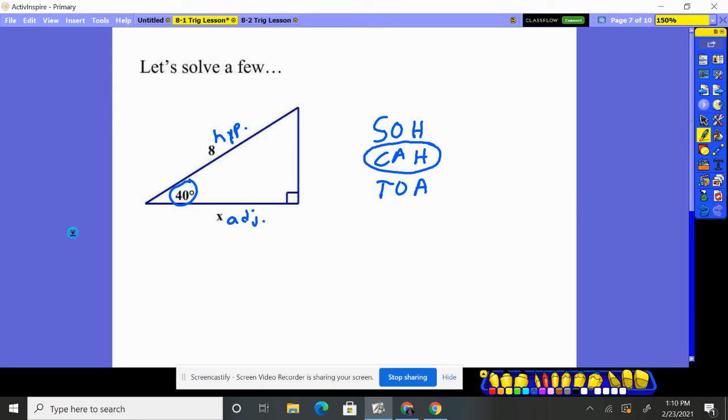H and the A is right here. So we're going to use the cosine. Now the cosine of the angle, which is 40 degrees, and I'm always going to put it over 1, that's a little different than most, equals adjacent on top. Now don't put adjacent on the bottom. It's the adjacent first, the top, which is unknown X, over the hypotenuse, which we know to be 8.